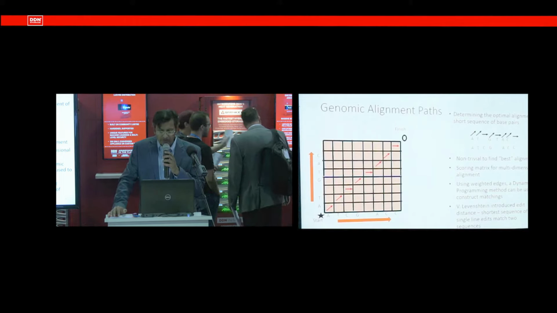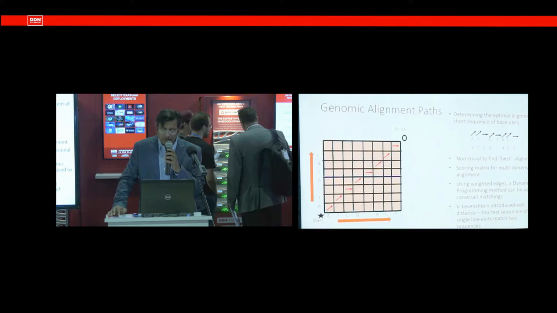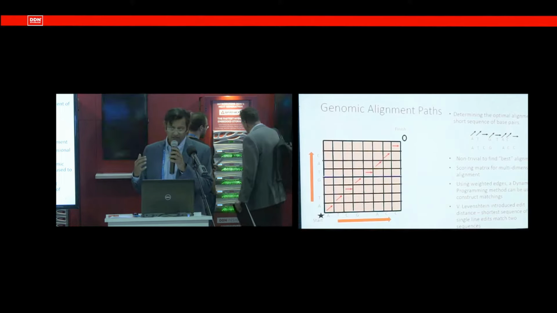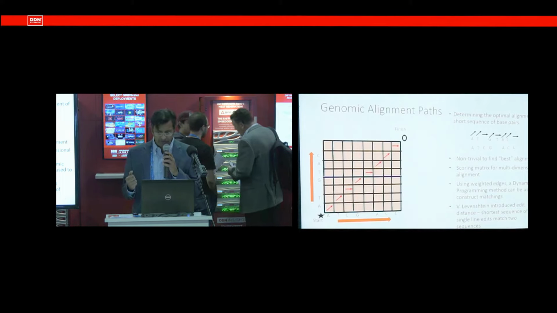There's a non-trivial way to find the best algorithm for scoring matrices. You can have weighted edges. And the question arises again: how did I get here? How do I find these kinds of sequence matches?